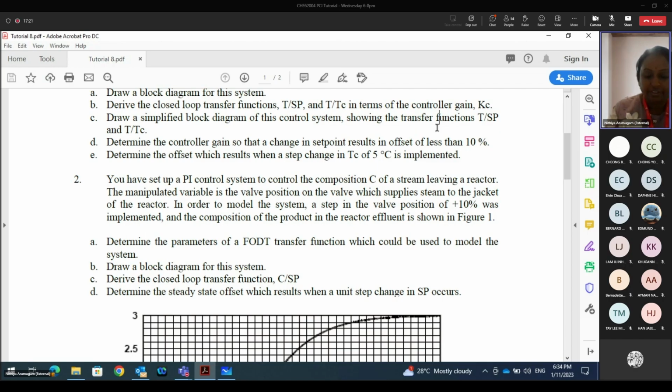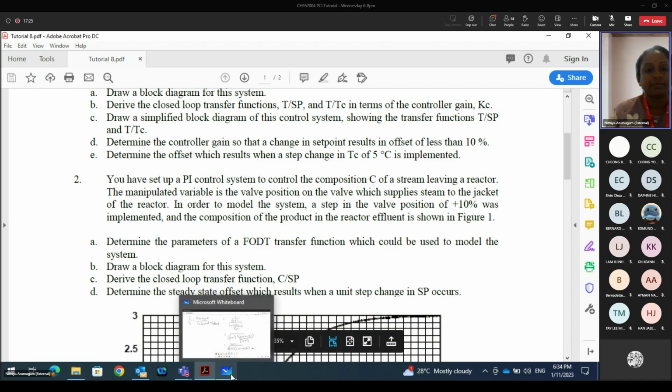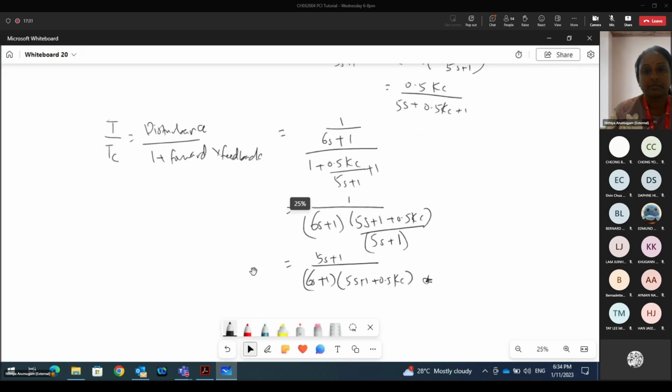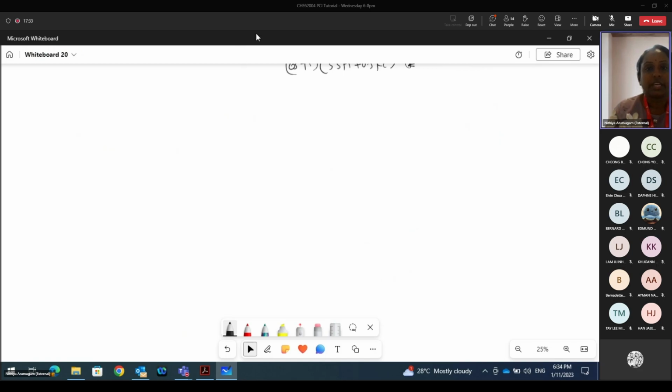So the simplified diagram will be done. Okay, so the simplified diagram will be T getting an input from the TC, which is already expressed in transfer function form.